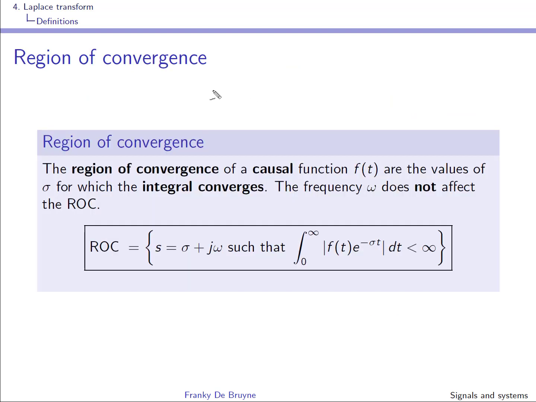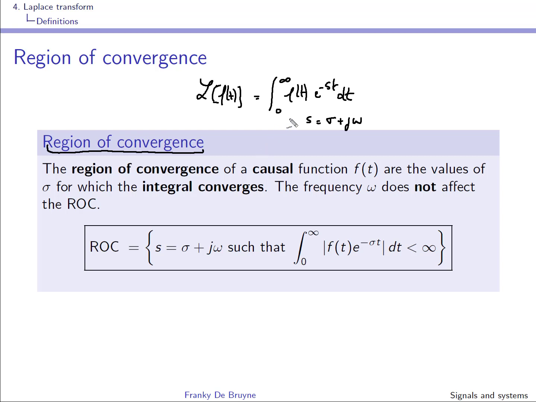So we've just seen that the Laplace transform of f of t, let's write it like this, is the integral from 0 to infinity of f of t e to the minus st dt. s is equal to sigma plus j omega. And the region of convergence, okay, of a causal function, this is normal because we are using the one-sided Laplace transform.